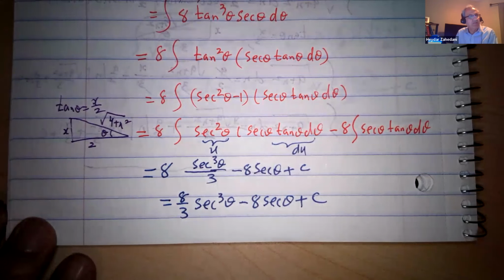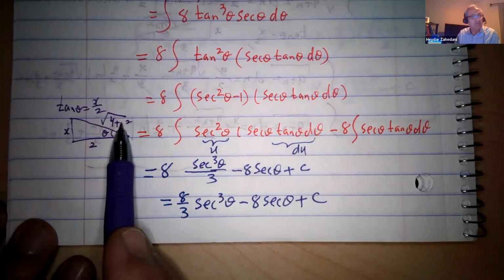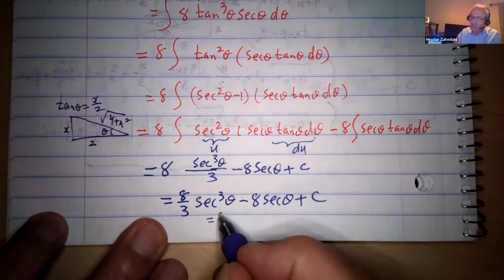Now find the cosine. Okay, find the secant. The secant is 1 over cosine. So the cosine is going to be 2 divided by this radical, so the secant is the other way around. So I just write down here 8/3.